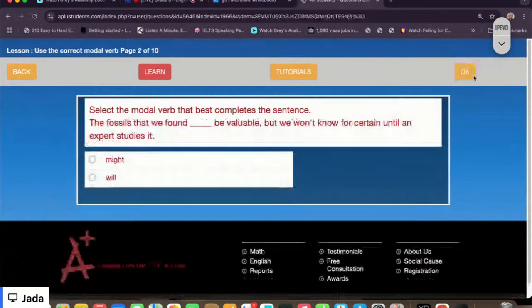All right. The fossils that we found dash be valuable, but we won't know for certain until an expert studies it. So might or will?